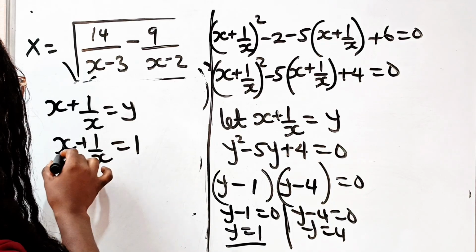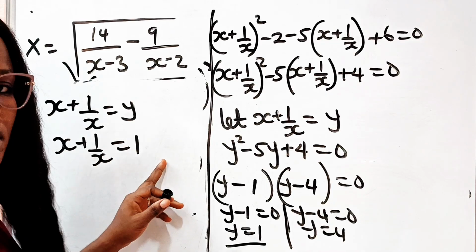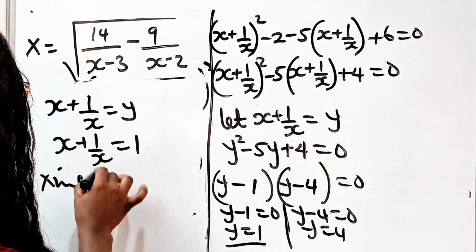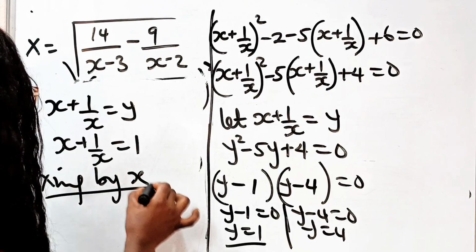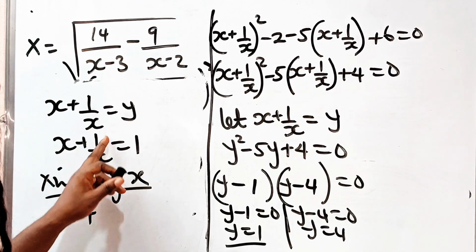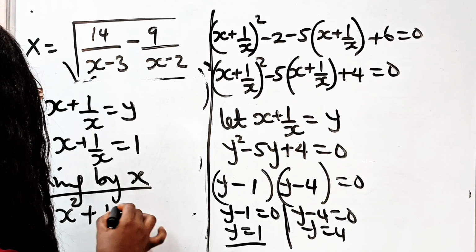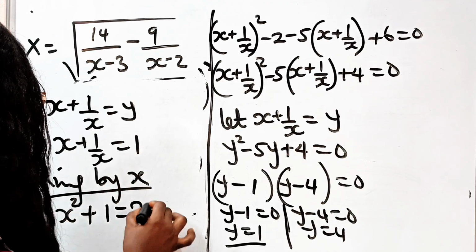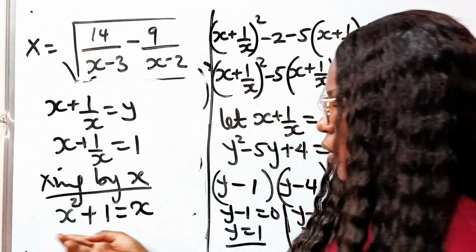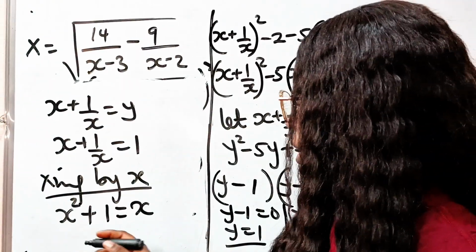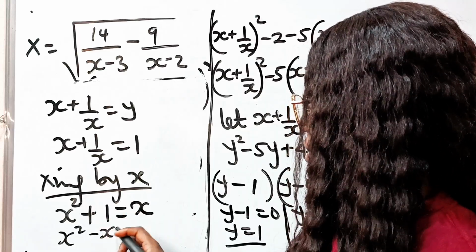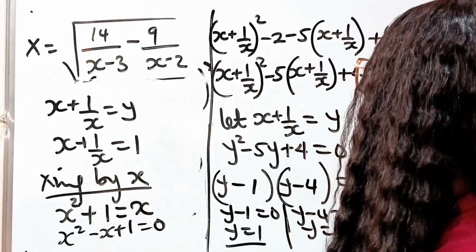If we multiply through by x, we have x times x is x squared, plus 1/x times x gives us 1, and 1 times x is x. So we have a quadratic equation: x² − x + 1 = 0.